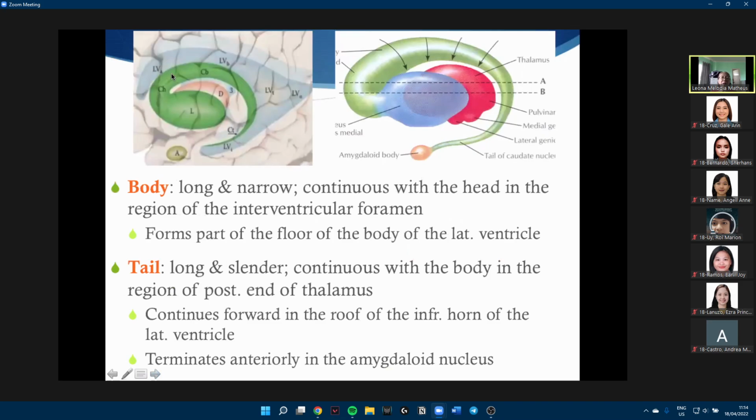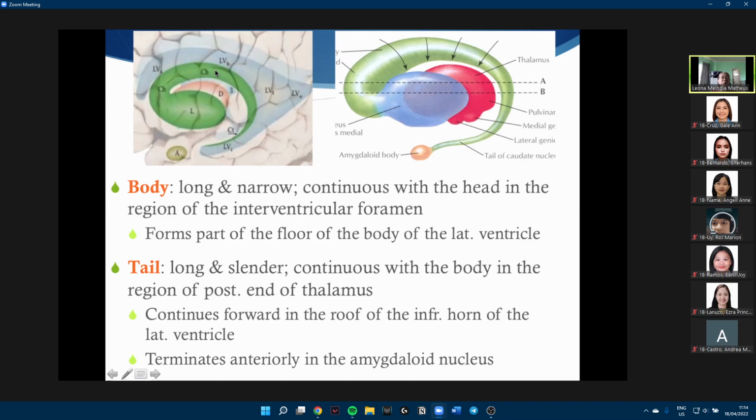Now, regarding the caudate body, this one here is the caudate body, and here on the other hand is your lateral ventricle. We say that the caudate body is long and narrow, and it is continuous with the caudate head here at the level of this foramen, which is your interventricular foramen of Monroe. So when you see the interventricular foramen of Monroe, that is the point where the caudate head becomes the caudate body.